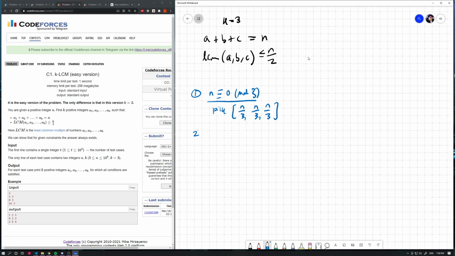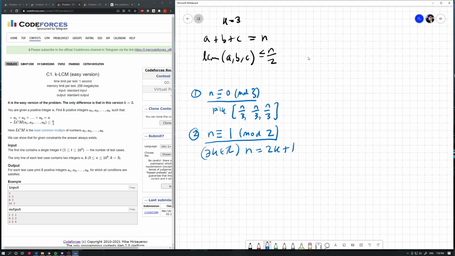But now let's say that we know that n is odd. So we know that n is congruent to 1 mod 2. If n is odd, then there exists some integer k such that n is equal to 2k plus 1.